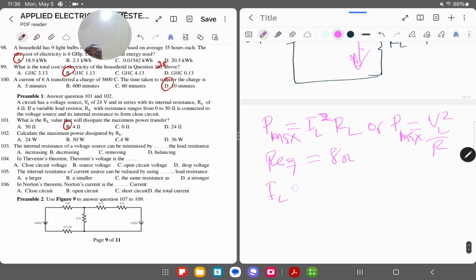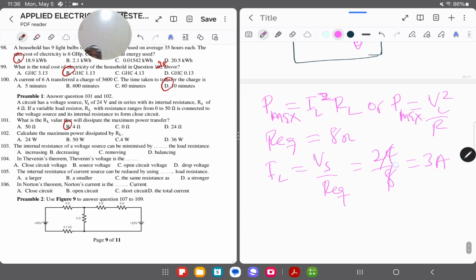So current IL will be equal to the voltage source Vs over the equivalent resistance. So this becomes 24 divided by 8, and that gives me 3 amps.